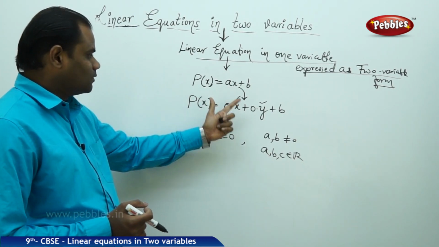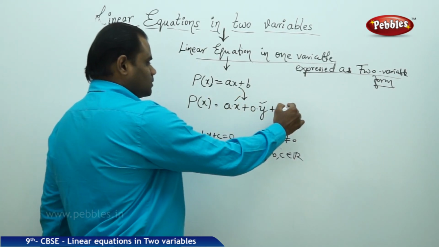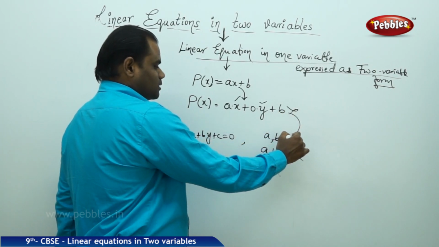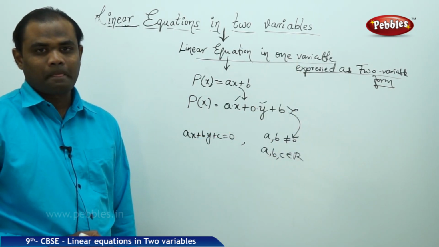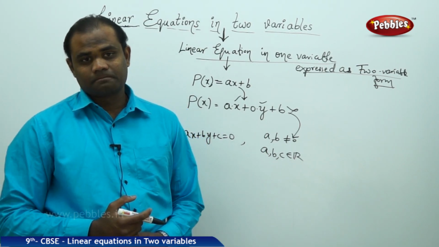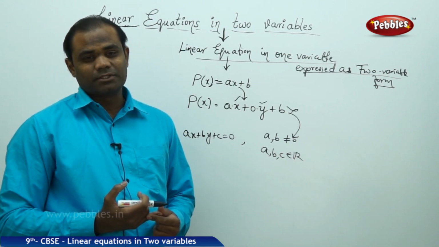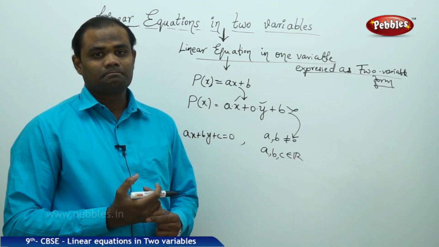Though this can be converted into the two variable form, it cannot be a linear equation in two variables x and y, because it does not satisfy this condition. If a and b are 0, the x and y terms vanish, and hence it cannot be a linear equation in two variables x and y.